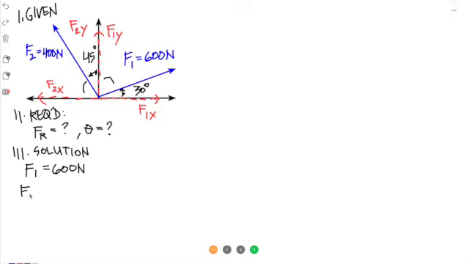Okay, so for F1x, let's write the equation. It will be positive, right? And that would be equal to F1, or 600 newtons, multiplied by, this is 30 degrees and this is an adjacent side, so that would be cosine of 30 degrees. So that's 600 times cosine 30, which is square root of 3 over 2.